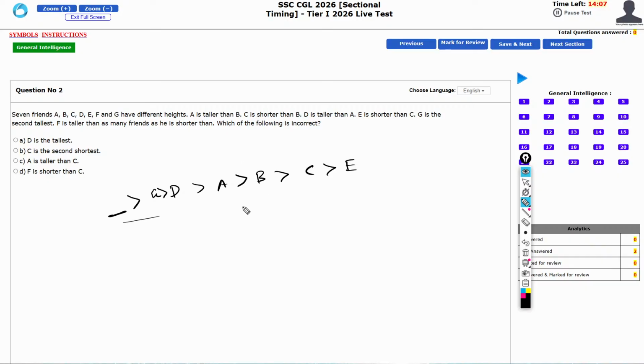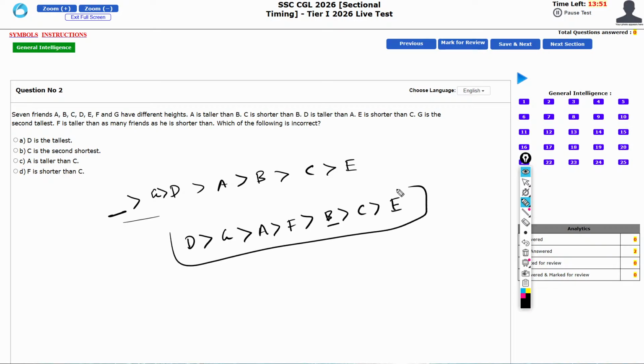So let me just say D, G, A, then F, then B, then C, like that. This is incorrect: D is the tallest. This is true: C is second shortest. True: A is taller than C. True: F is shorter than C. F is taller than C.